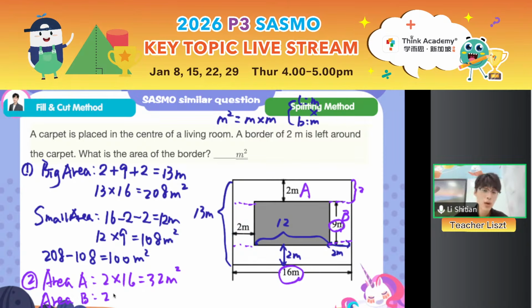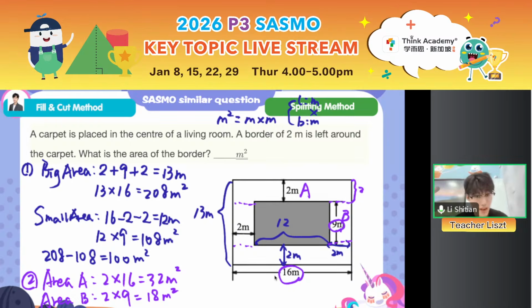Use 2 times 9, which is equal to what? Tell me the answer, guys. 2 times 9, what is the result? 18, right? Meter? No, right? Because the area unit is meter square, right? So now we know the area of A, we know the area of B. Hold on. Do I really need to find out the area of this one?